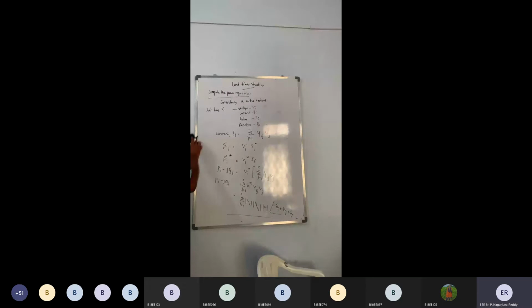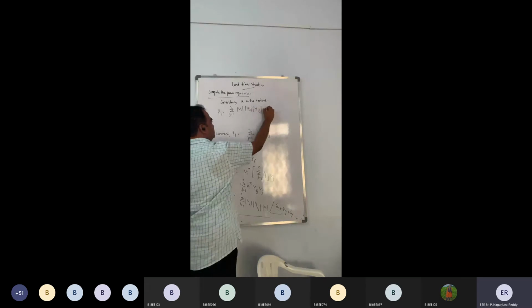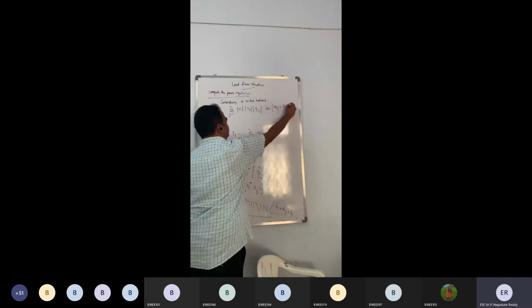Now separating these two formulas, Pi is equal to, I am considering only the real part, summation j equals 1 to n, mod Vi, mod Vj, mod Yij, cos of theta ij plus delta j minus delta i.